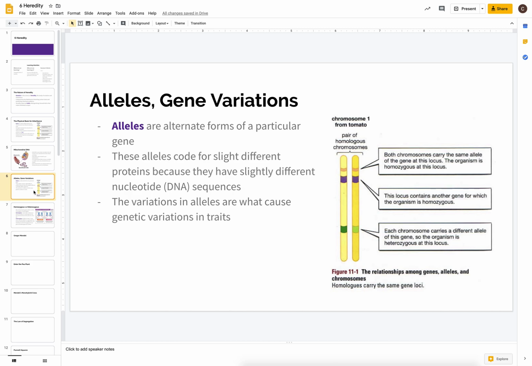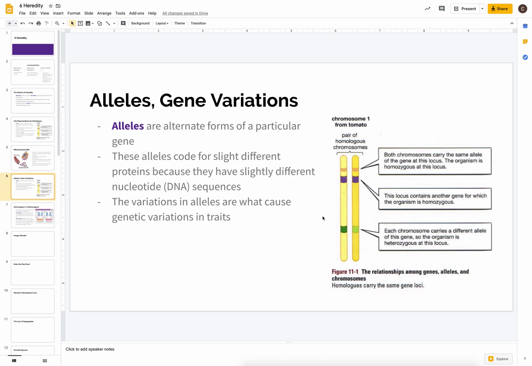And we can see this allele illustrated in this diagram. If you look at the green loci here, these genes are two different alleles. One of them is indicated by a dark green color, and the other one is indicated by a light green color. Now, this is symbolic. They won't actually be those colors, but what it's trying to communicate is that the two alleles are different. The two chromosomes actually have two different sets of information on them.